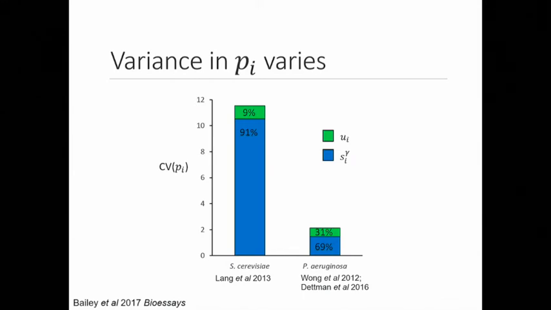But yeah, just to highlight, in the Saccharomyces cerevisiae data set, we saw that about 91% of the variation that we see in terms of fixation probability is driven by selection, variation in selection from gene to gene, whereas only 9% comes from mutation rate heterogeneity. But in the Pseudomonas aeruginosa data set, it's a lot different. Over 30% of the heterogeneity we're seeing comes from heterogeneity in mutation rate.